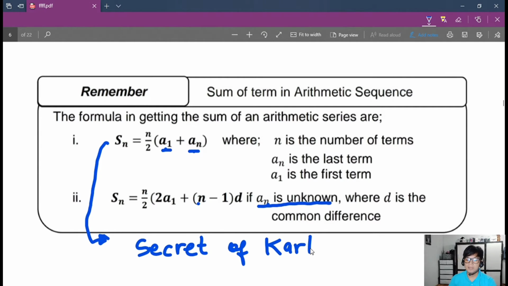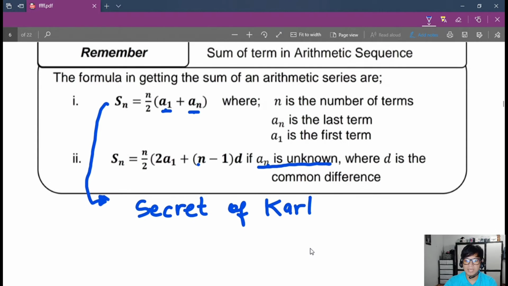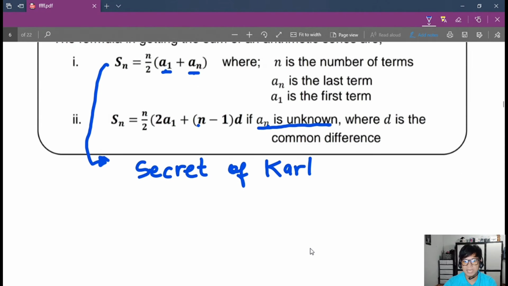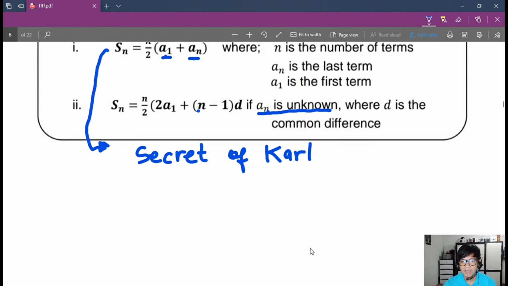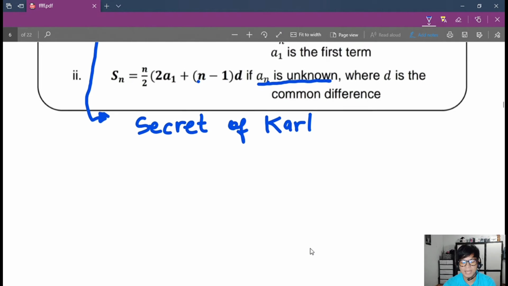So, one day, may problem na binigay yung teacher ni Carl sa kanilang math lesson, math session nila.